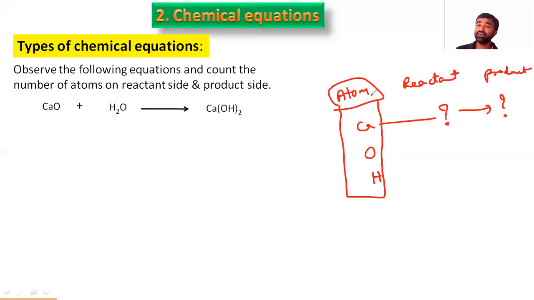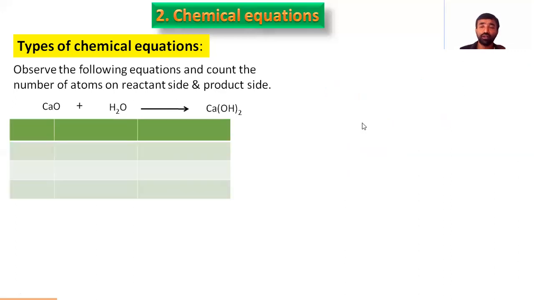So I need a table for 3 observations: atom, reactant side count, and product side count. So make a table depending on your number of atoms. For headings: atom or element, number of atoms on the reactant side, and number of atoms on the product side. So I made a table.